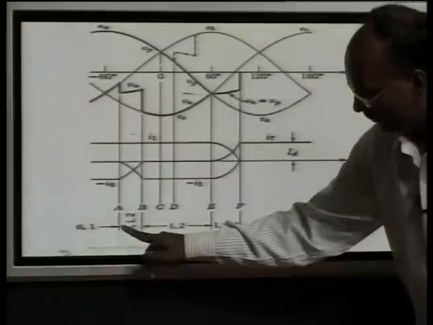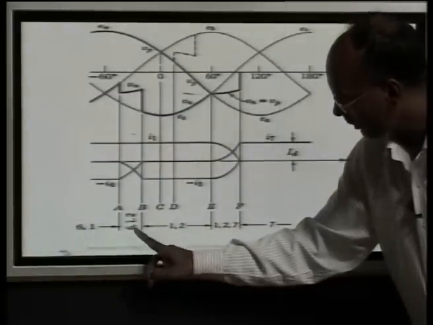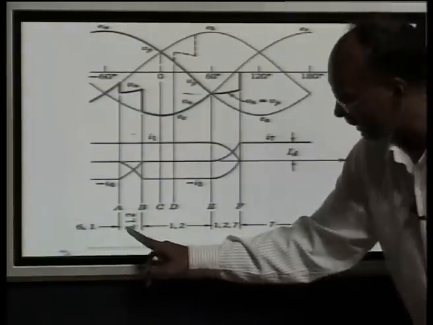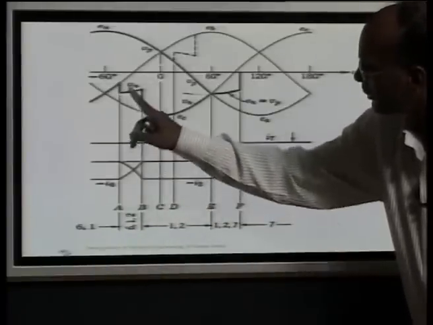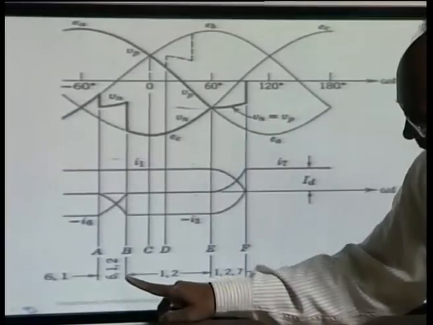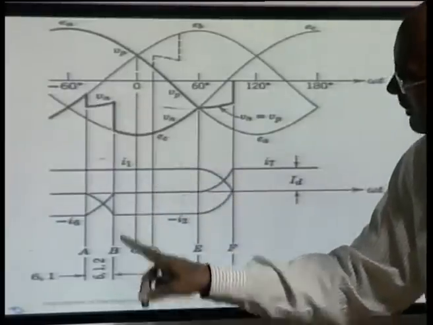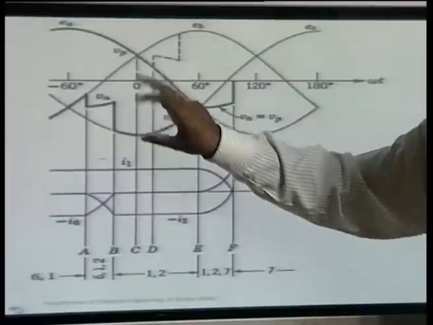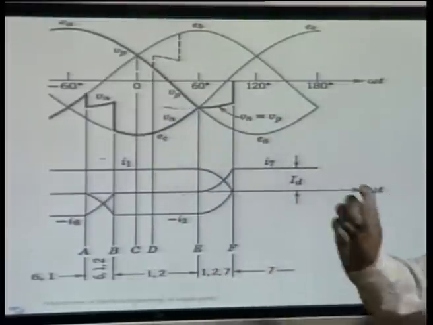You see it here, the commutation between 6 and 2 is taking place, because here we are giving the firing pulse, because you can see the voltage is going to be positive. Now 6 1 2 due to the overlap period, and now this is conducting, this portion EA. Now 1 2 is, let's suppose, conducting.